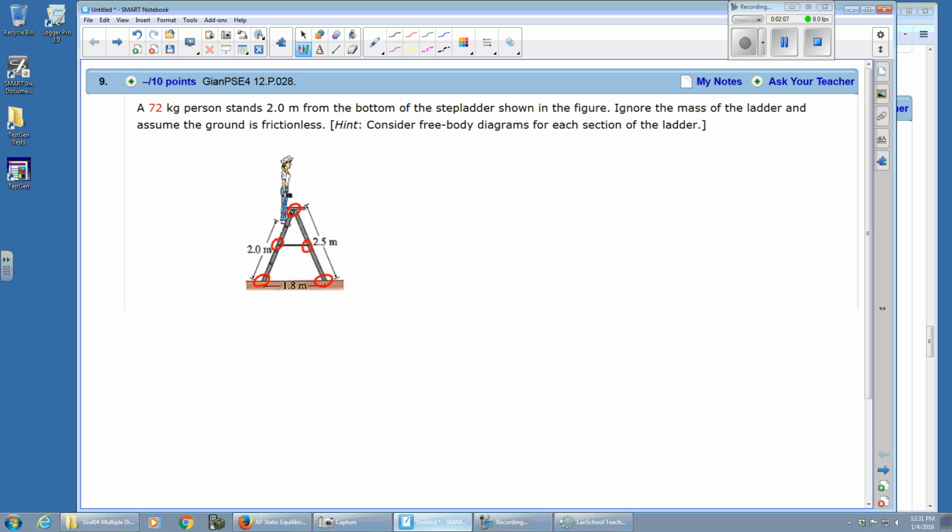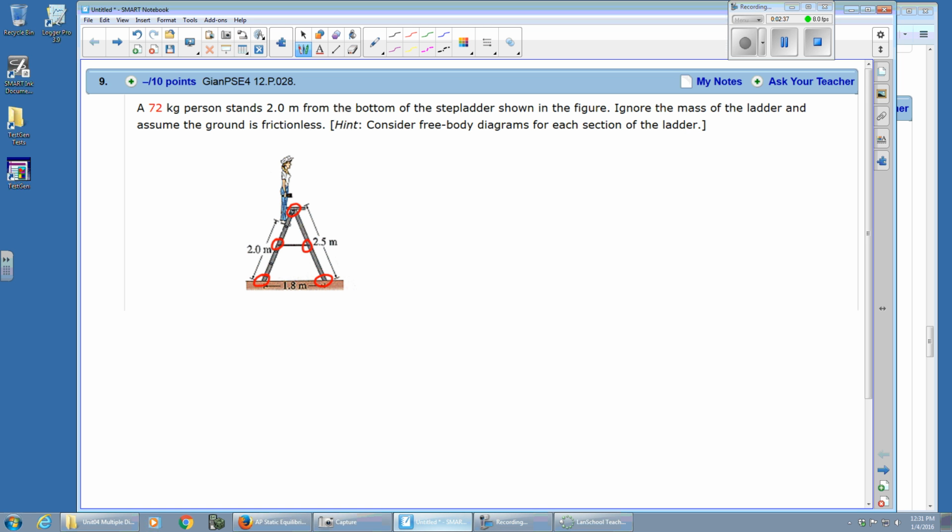There can't be any sideways force there, because the only thing that can provide that sideways force would be friction. So the normal forces at the bottom can only be vertical, which means, therefore, any horizontal force that takes place at the halfway point has to be balanced by an equal and opposite horizontal force from the top point.